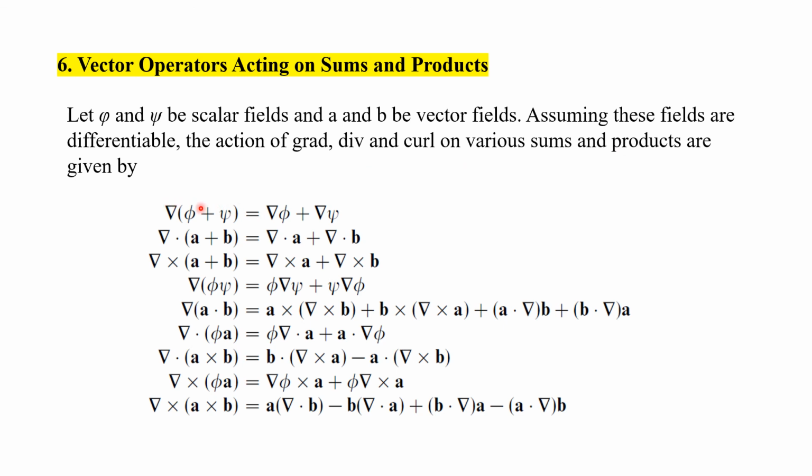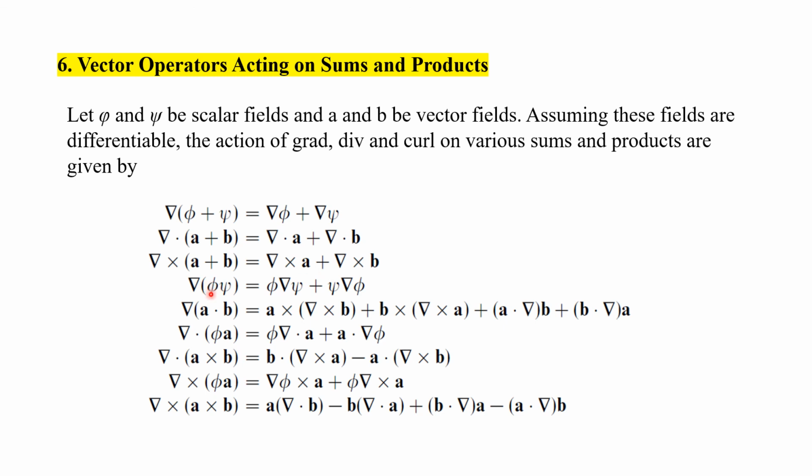For the sum of your scalar fields phi and psi, the gradient is just del phi plus del psi. For the divergence of your vector fields A and B, it's del dot A plus del dot B, and for the curl of A plus B, it's del cross A plus del cross B.